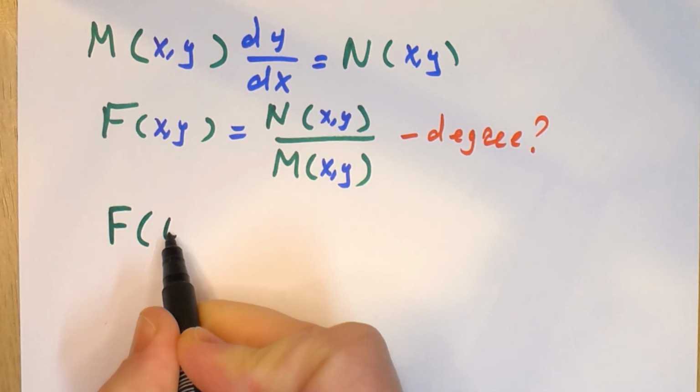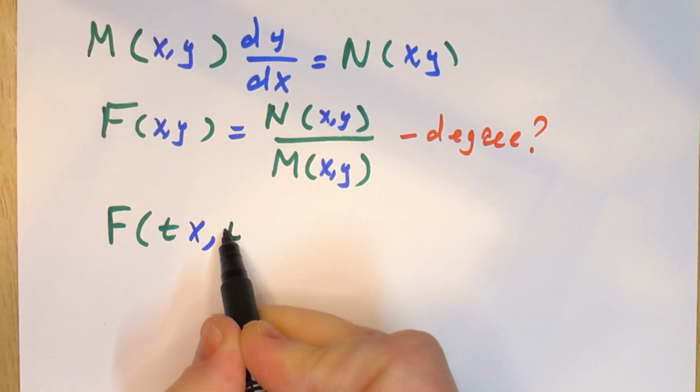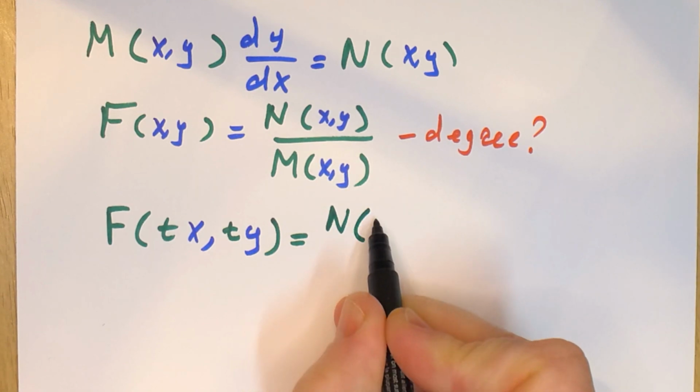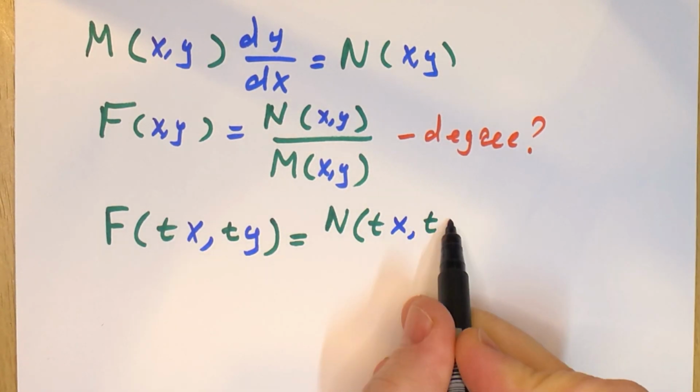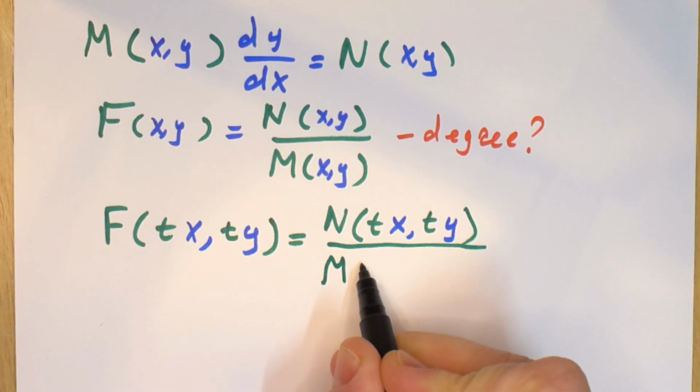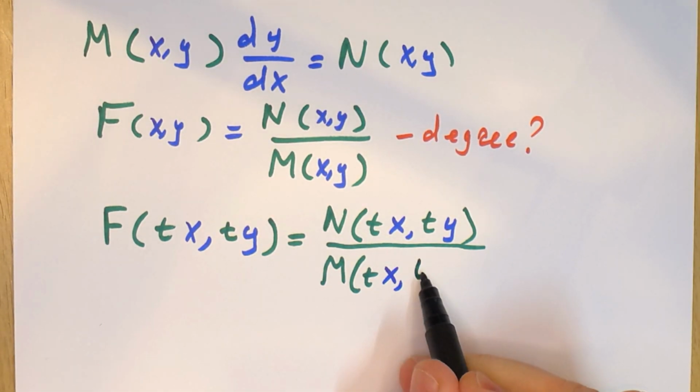So let's prove it. f(tx, ty) is equal to N(tx, ty) divided by M(tx, ty).